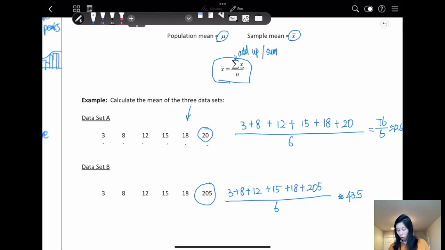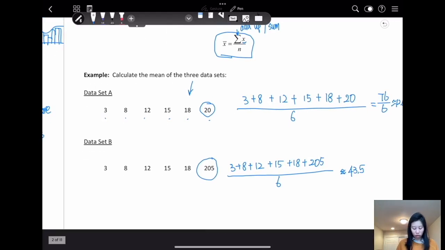If we draw a dot plot, you will find that data set B may look something like this, right? Okay, let's draw it. Let's say this is 200, this is 100, and this is 50.